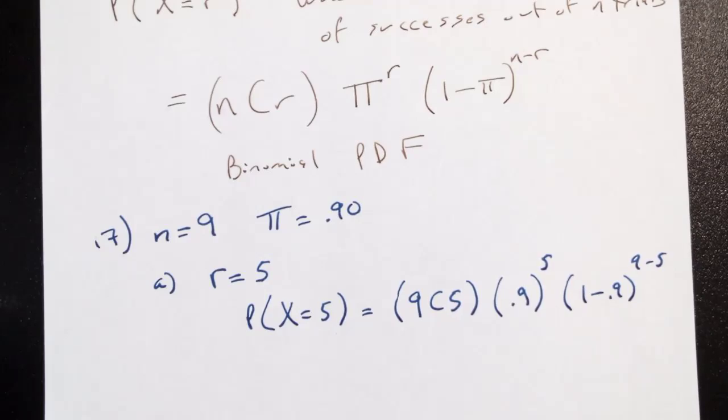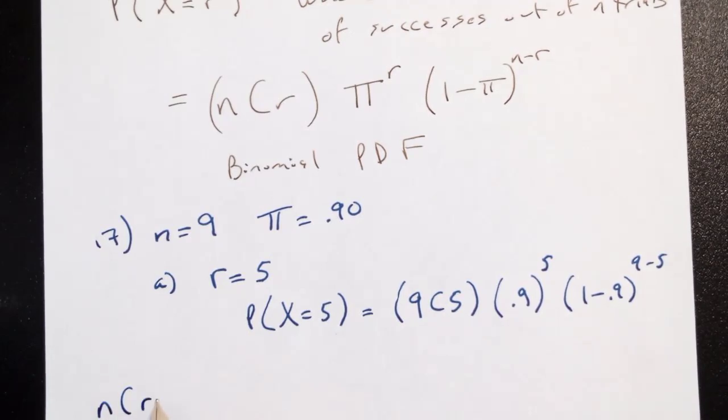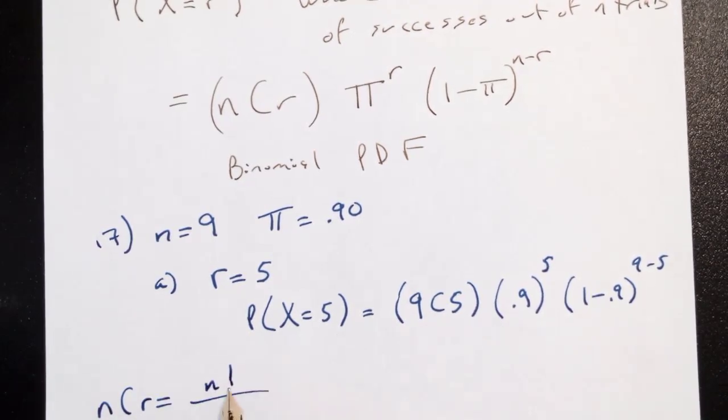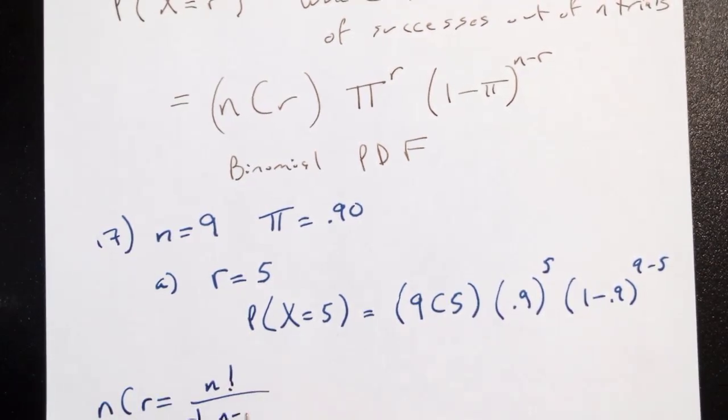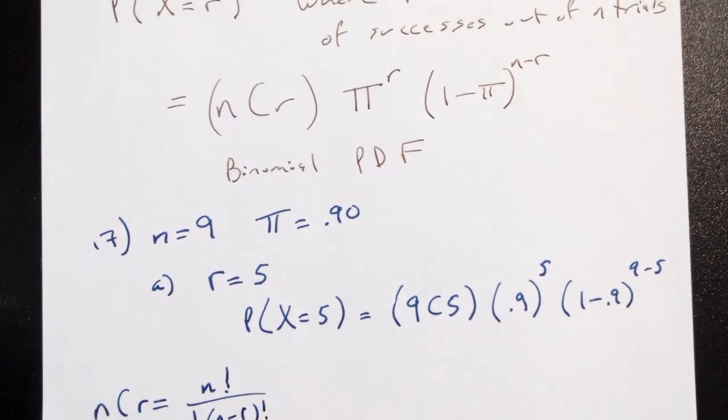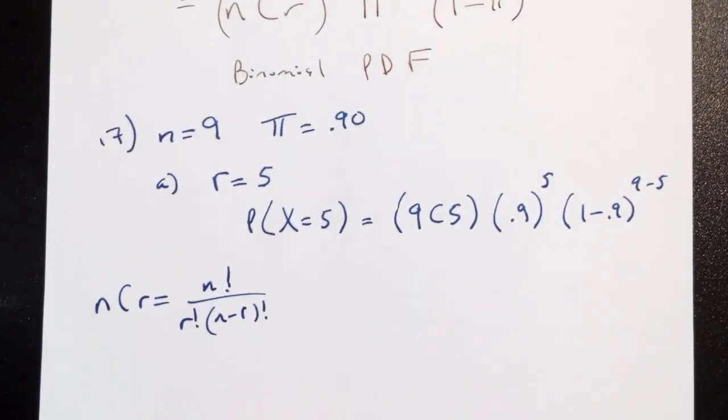Now, I need you to go back to Wednesday to look up how to do 9C5. You can do it on your calculator. You can do it directly. There's a formula we had. If I remember correctly, NCR was n factorial over r factorial times n minus r factorial. But we also had the C button on the calculator hiding under the math menu.